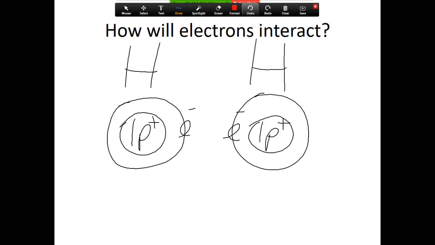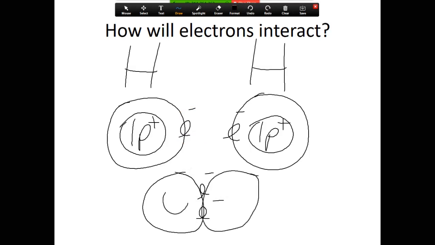So what's my other option? My other option would actually be to have these two atoms share the electrons.